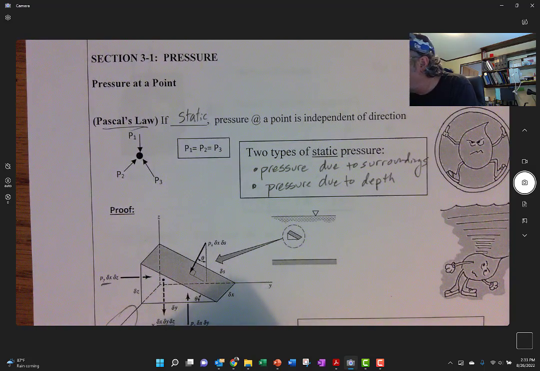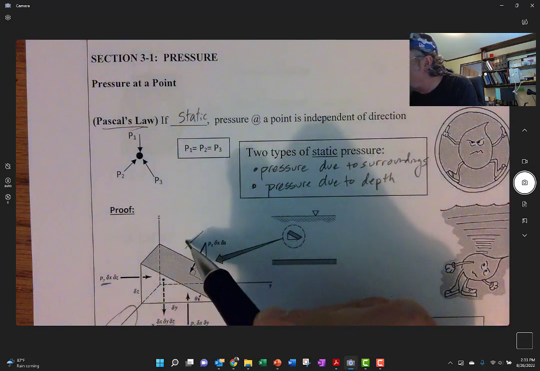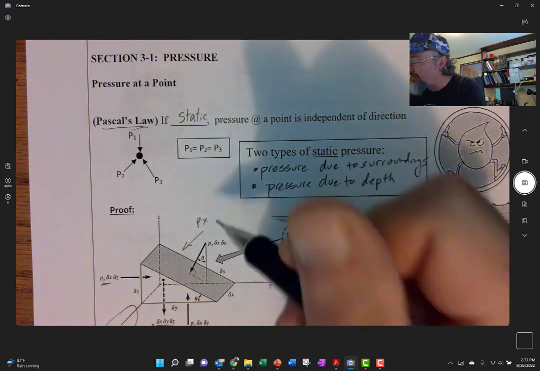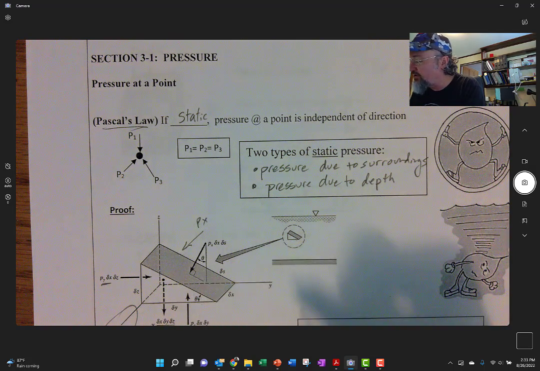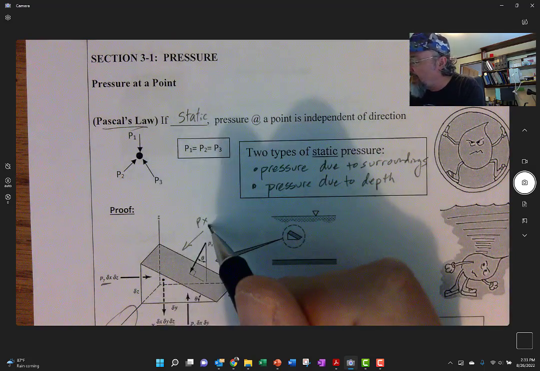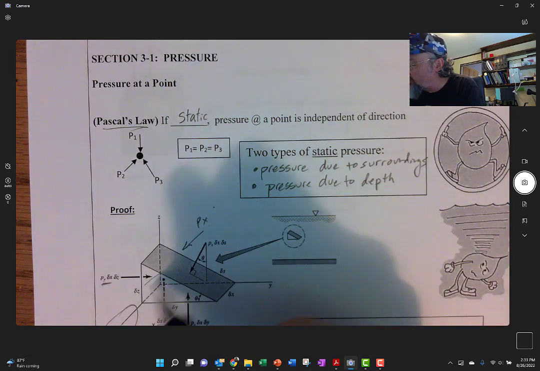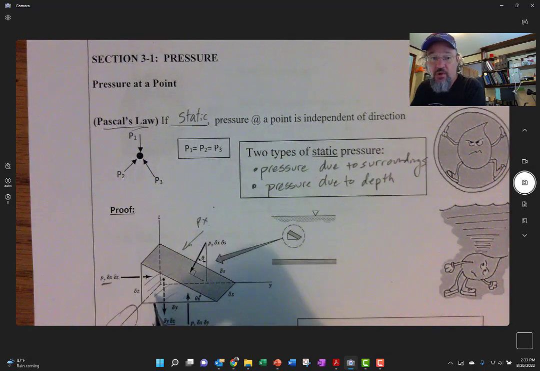So what we're going to face on one side, let's call it in the positive direction, is that P_x is going to be acting on that, right? So the force that we would balance onto this thing is going to be P_x times, of course, the area, which is going to be a triangle because it's a wedge.